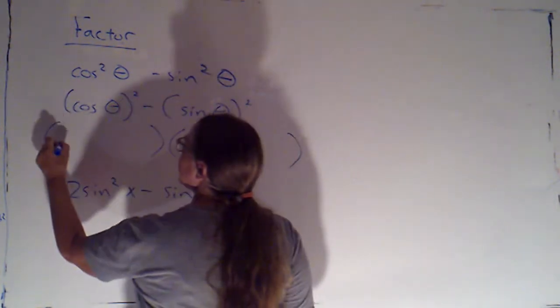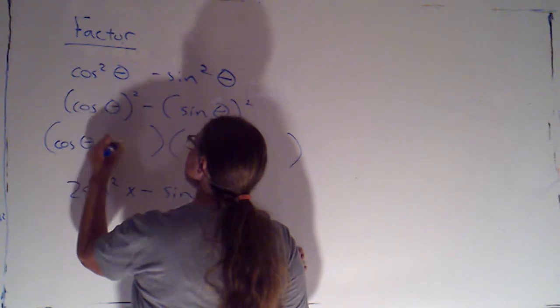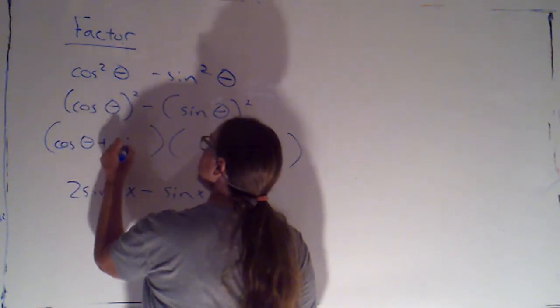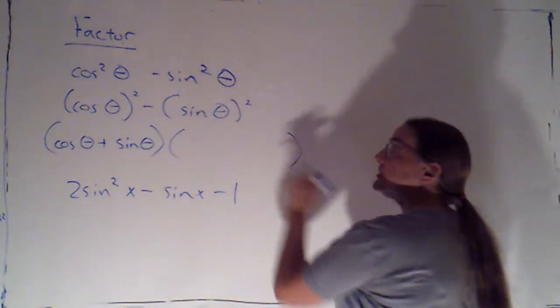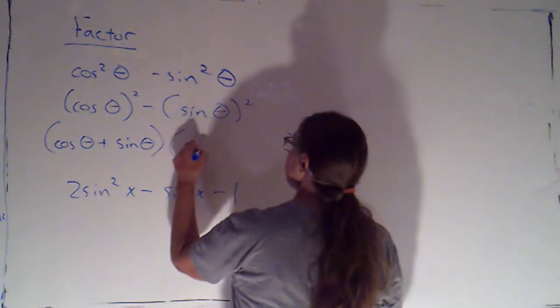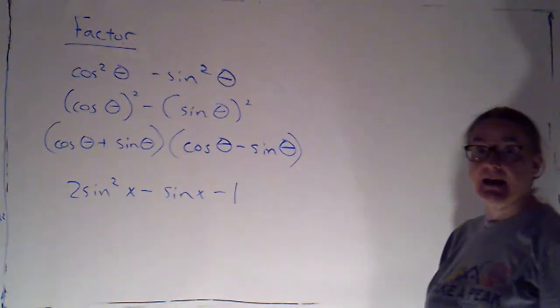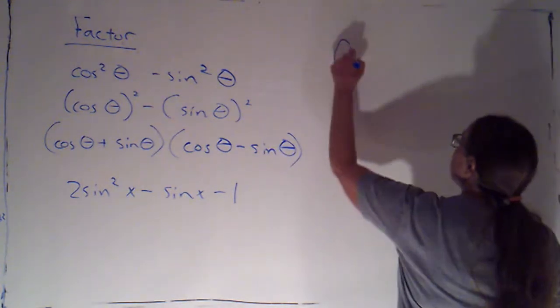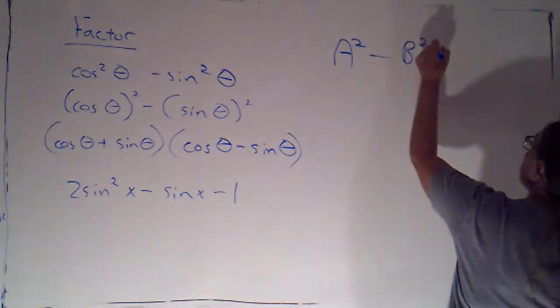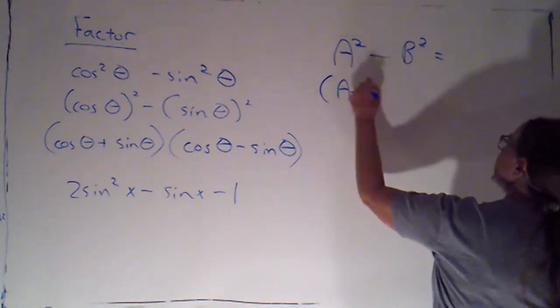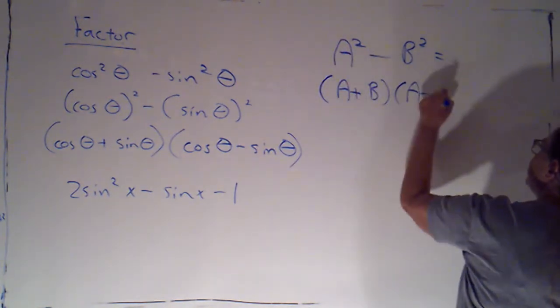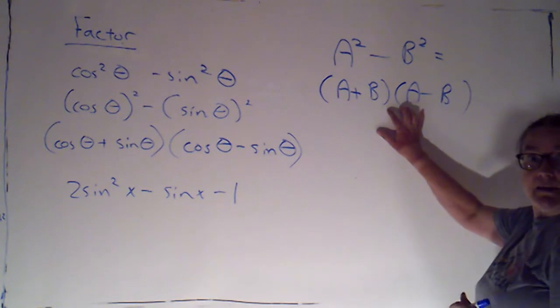What I'm going to do is I'm going to get the sum of the two things that I was squaring, so that would be cosine theta plus sine theta, multiplied by the difference of the two things I was squaring, cosine theta minus sine theta. The generic version of this is that a squared minus b squared factors as a plus b times a minus b.